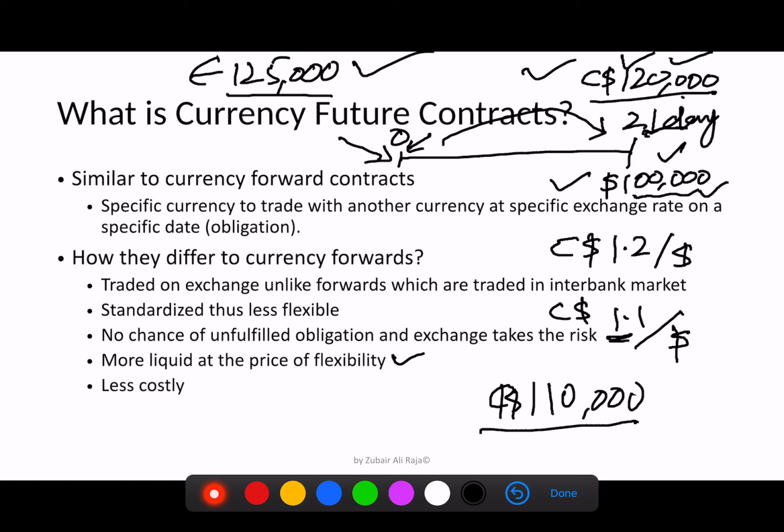You can take the opposite position as well, and futures contracts can be sold very easily in a very liquid market, because exchanges are very liquid. There are many buyers and many sellers who are ready to take up your contract, so it is possible.